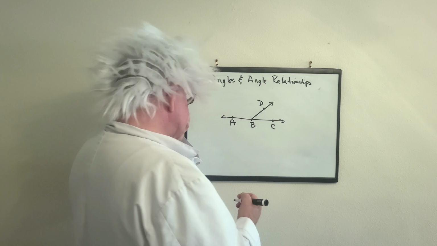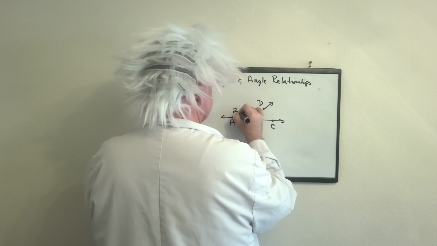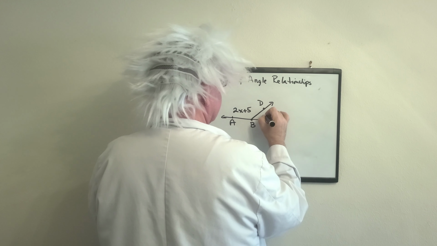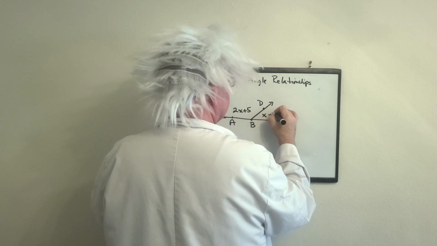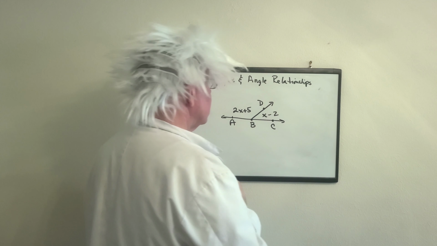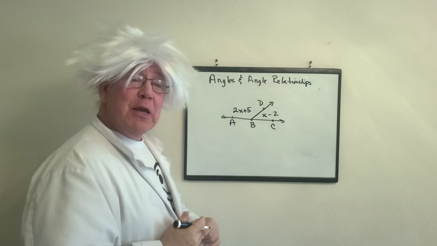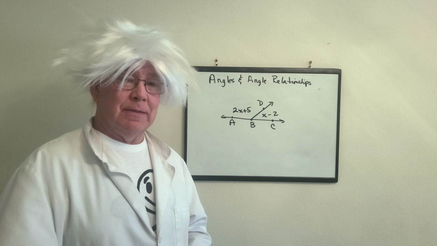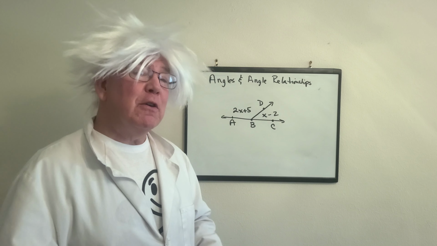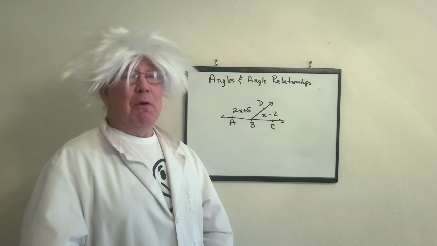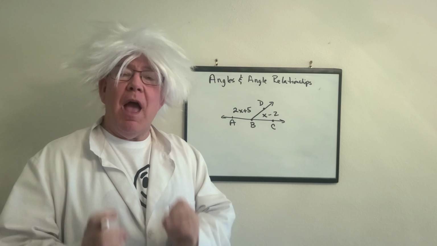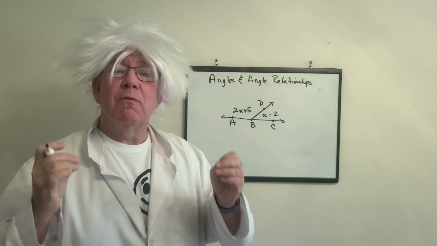So here's my question. Given these values, I want to find x and the value of each angle, and you're going to go, no, but we have the basics down right now.